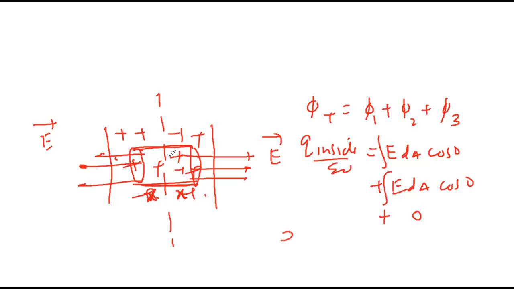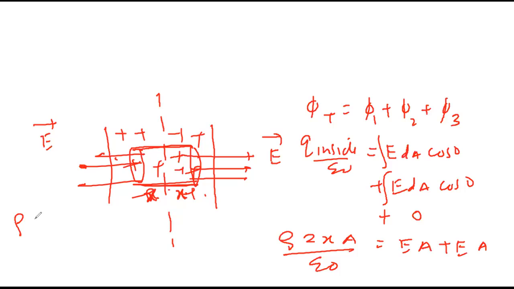It is rho into total volume of Gaussian cylinder, pi r square L. Area we have taken A, and the thickness will come, total length 2x, total area A.